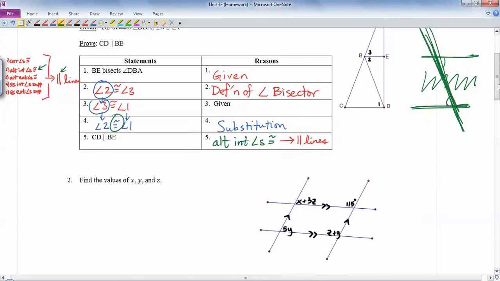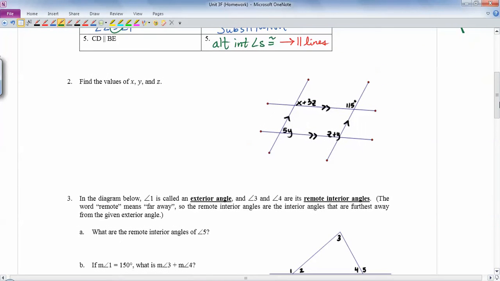So let's take a look at number 2. So in 2, notice there are 2 sets of parallel lines. This one's parallel to this one because of the 1 arrows. And then separately, this one and this one are parallel because of the double arrows.